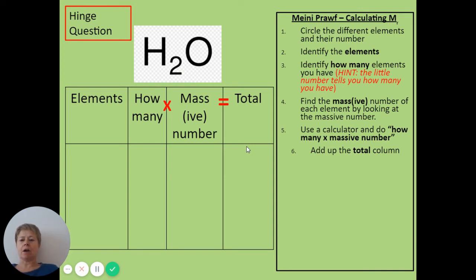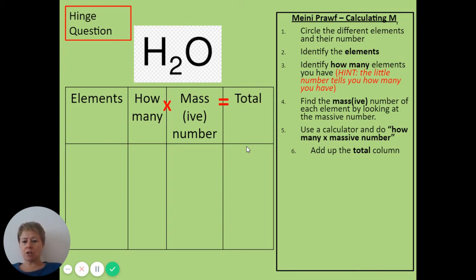Okay, right, I want you to have a go at this one by yourself now. So pause the video, work through the steps, and I'm going to go through the answers now. You should have come up with the elements hydrogen and oxygen.